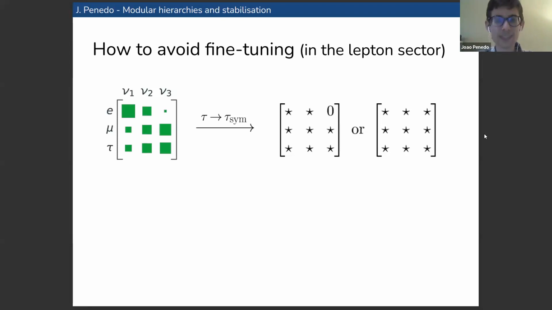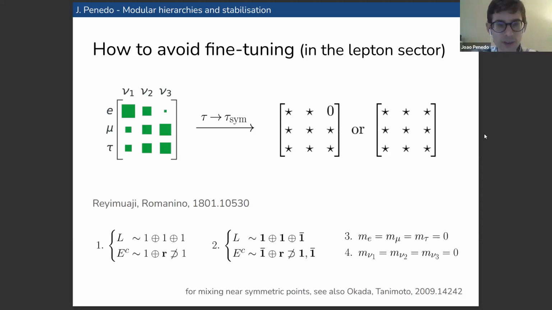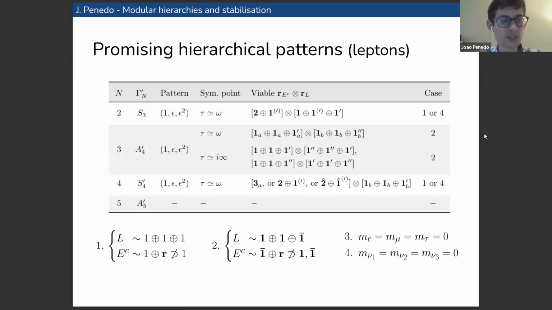And the conditions for finding such, let's say, good PMNS or quasi-PMNS in the symmetric limit, they were studied before in this paper here. I will not go into the details. The point is that you need to have some further condition on the representations of the fields, and then you use this as a filter, and basically a lot of your cases go away.